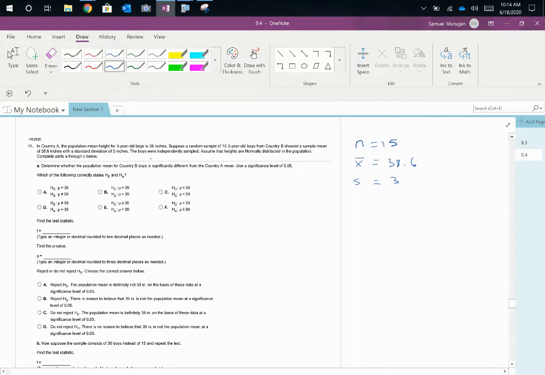The boys were independently sampled, and the population is normally distributed, so the two conditions are met. Determine whether the population mean for country B is significantly different. Doesn't say less than or greater than, just different. So we're looking for not equal to 39. Okay? Remember, the given mu is equal to 39.